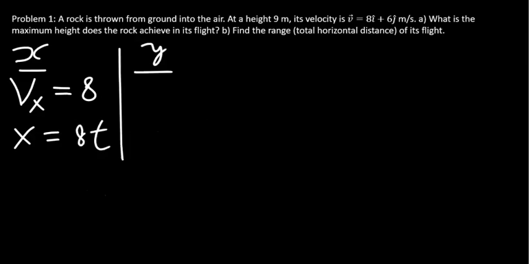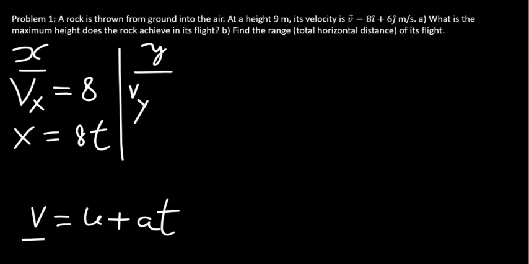Let's look at the y components. Now we know that there is an acceleration along the y direction, so the speed along the y-axis must change. We can use this kinematics equation to write down the y component of the speed of the rock at any time t, and it's given by some initial y component speed, which we don't know, plus minus g, which is the acceleration, times t.